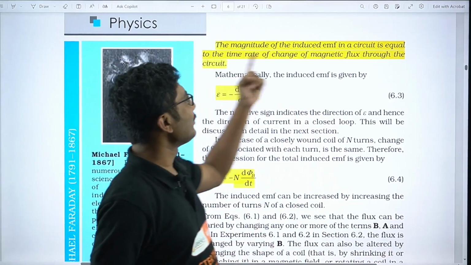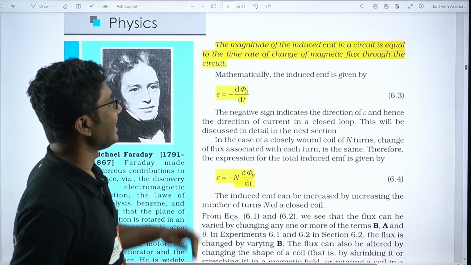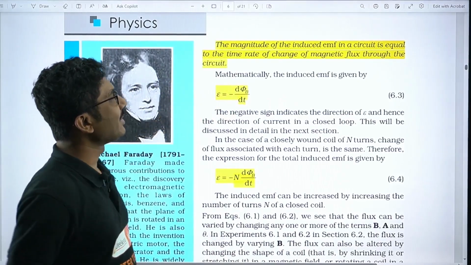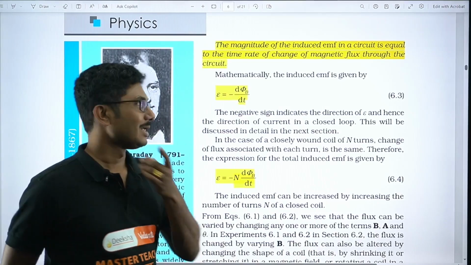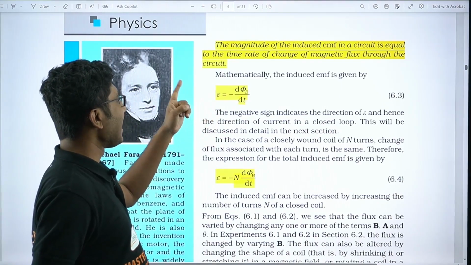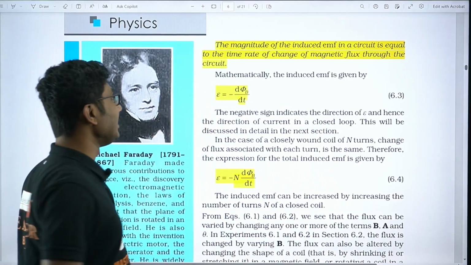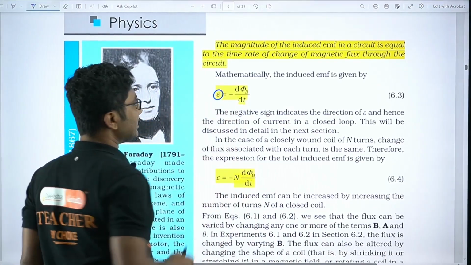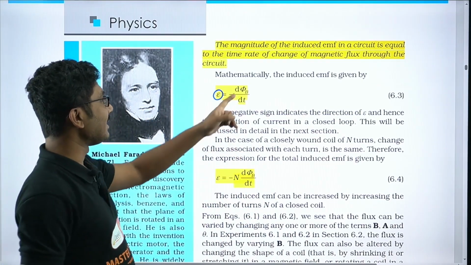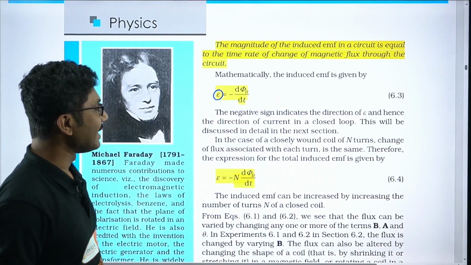So the magnitude of the induced EMF in the circuit is equal to the time rate of change of magnetic flux through the circuit, right? Epsilon is the induced EMF, an important term.